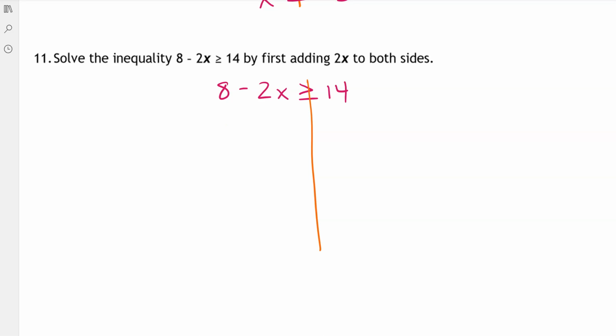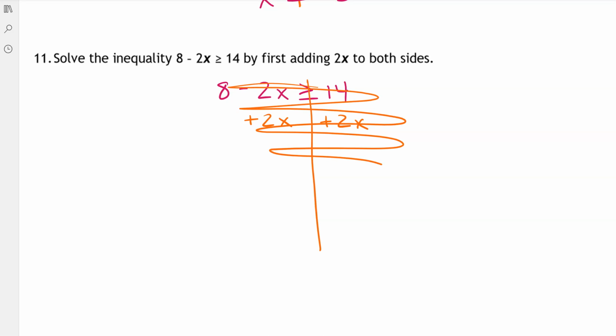Okay, well, let's see what that difference is. Plus 2x, plus 2x. So now we have, I think this is just going to confuse people. So we're not going to worry about that one.